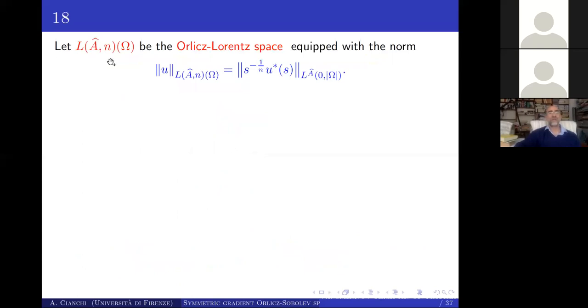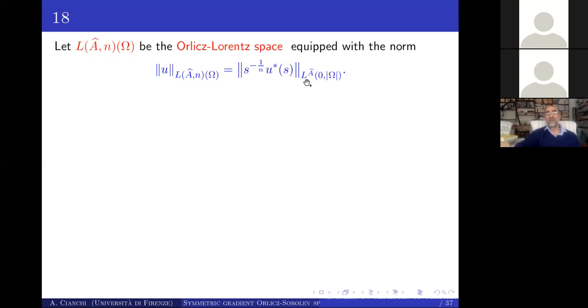Now, with this function A hat, one can construct an Orlicz-Lorentz space analogous to the L^{p,q} space I've shown to you before. So this is a norm in that space. And you see the philosophy is completely analogous. We take the rearrangement, we multiply by the same power s to the -1 over n, and then we take a norm, which before was exactly the same as L^p.